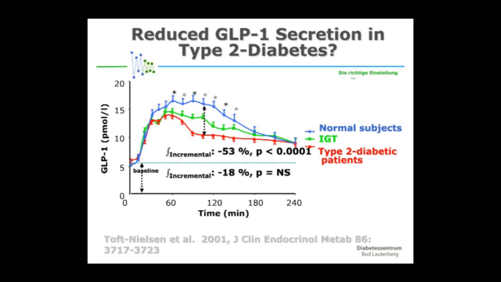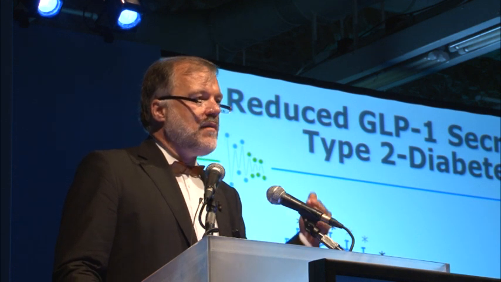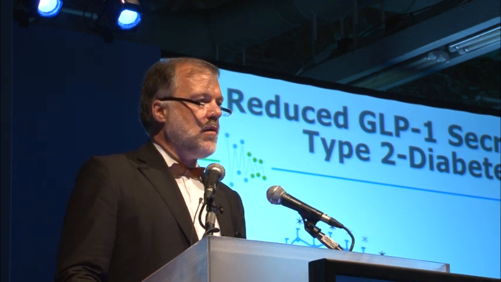What she finds is low basal, increase after a mixed meal, and from the second hour on, some differences with less GLP-1 being measured in the patients with type 2 diabetes, and some intermediate values for those with impaired glucose tolerance.